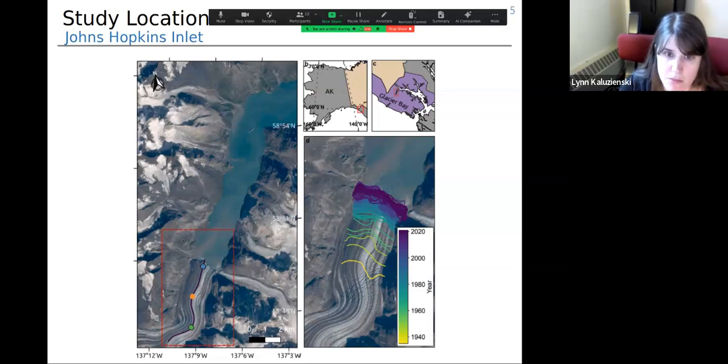So this is where the vast majority of seals within the park choose their habitat. This glacier is interesting in that it's a tidewater glacier and it's currently in its advancement phase. It's advanced over 1.5 kilometers since the 1920s. On the right is an example of how the glacier has been advancing. This is since the 1940s.